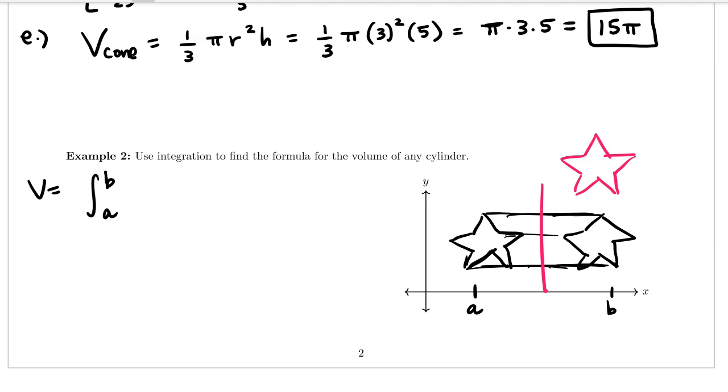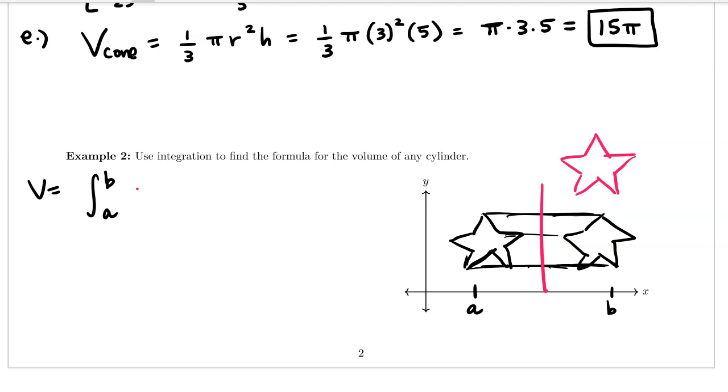So another way of saying that is that going through and cutting this star-shaped loaf of bread, regardless of where I cut it, the area of each face or cross-section is constant.